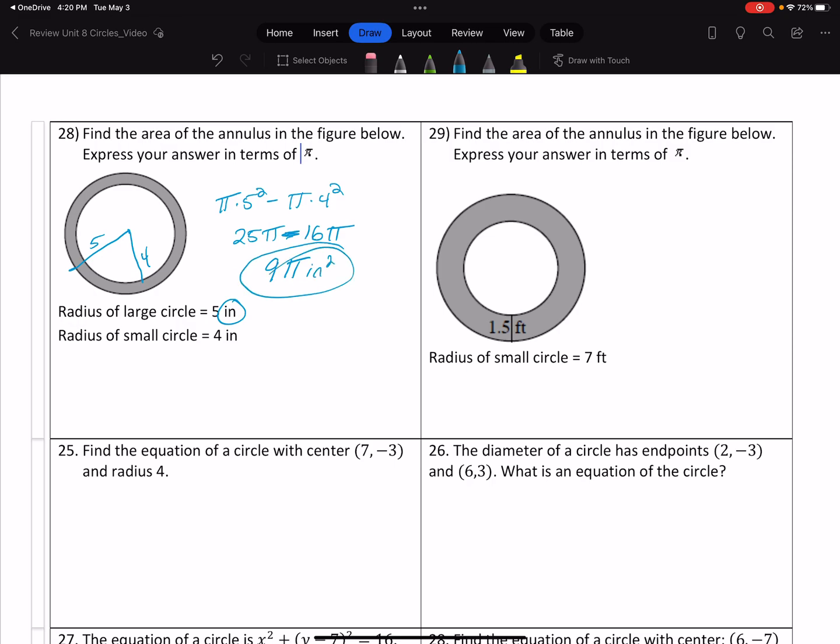The radius of the small circle is 7 feet. The radius of the whole circle is going to be 8.5 feet. So the area is going to be the area of the big circle, which is pi times 8.5 squared minus pi times 7 squared.